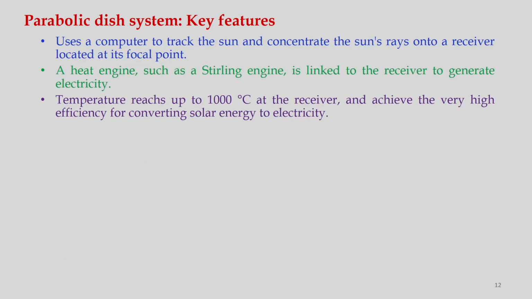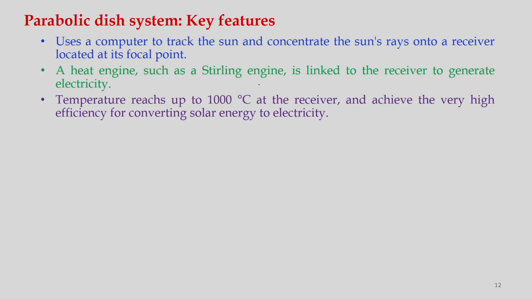Now there are some key features of this technology. This technology uses a computer to track the sun. Okay. It is a very precision tracking system and concentrates the sun's rays onto the receiver located at its focal point. A heat engine such as a Stirling engine is linked to the receiver to generate electricity.